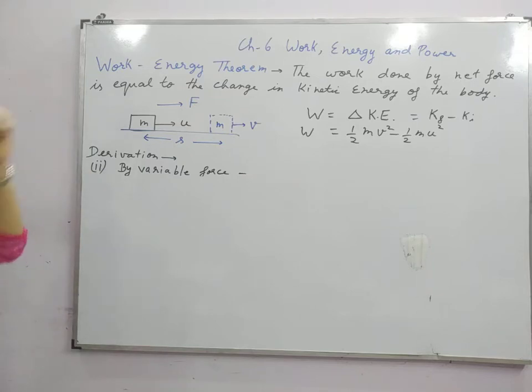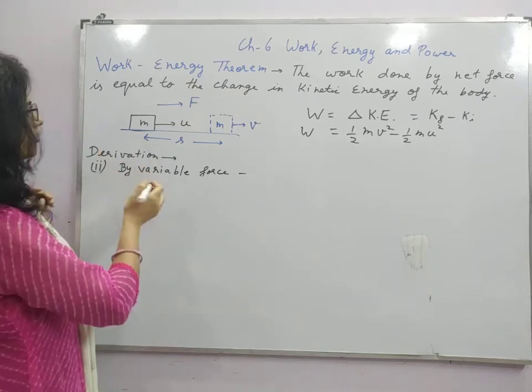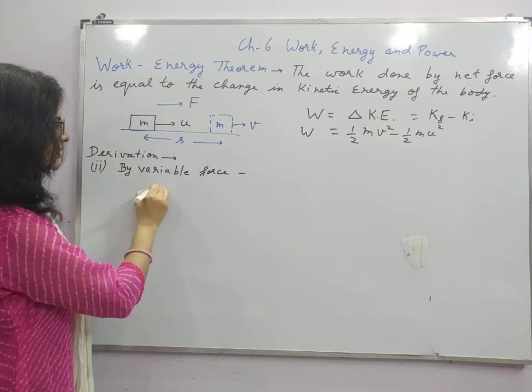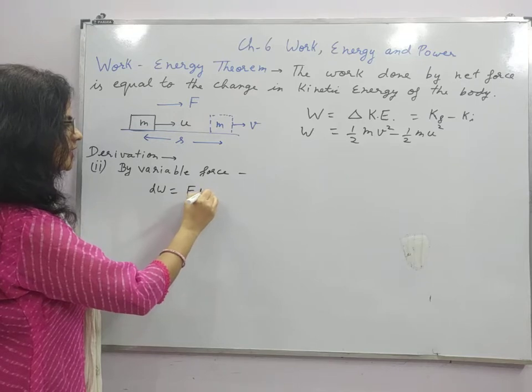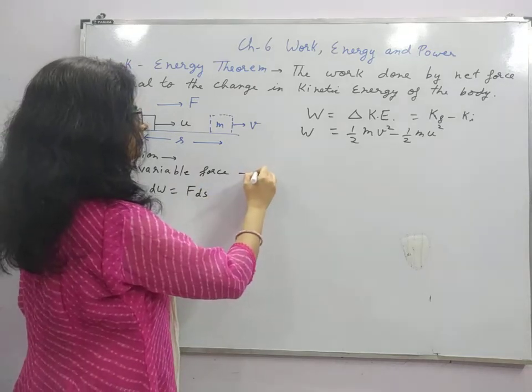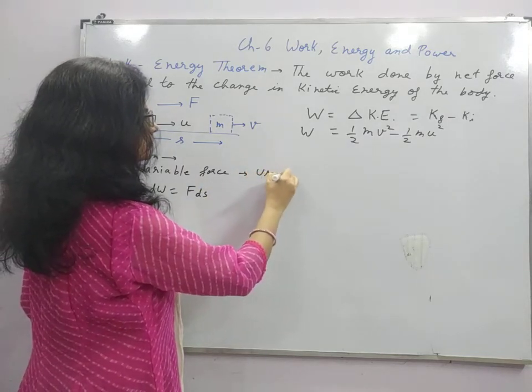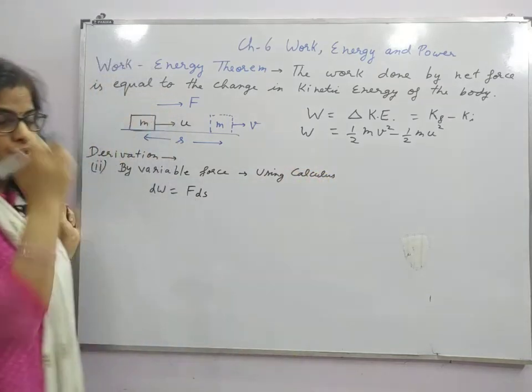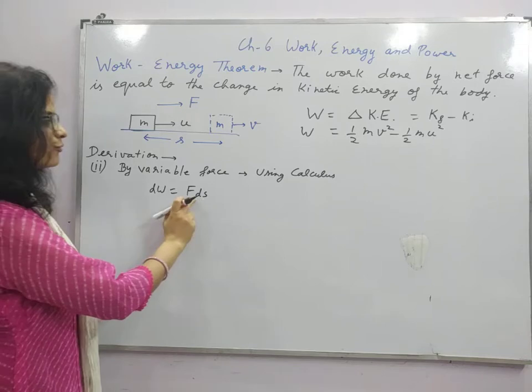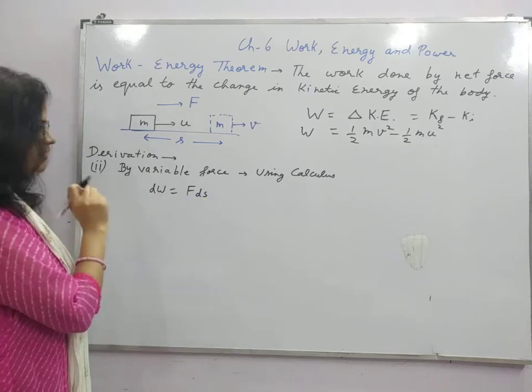So the derivation for the work energy theorem by variable force. Here we can use the formula for work done, dW is equal to F ds. We are using calculus here because for variable force we need to use calculus. So for ds displacement, dW is the work done.